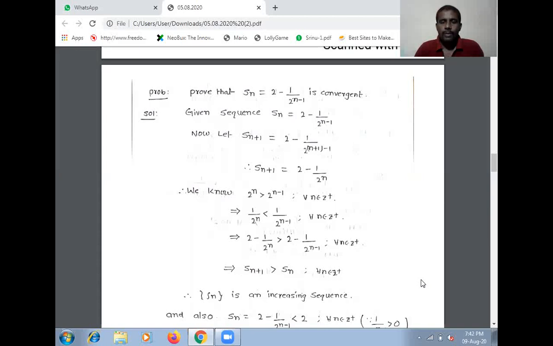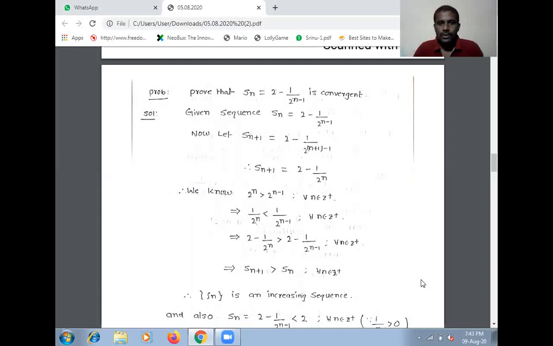So if we show the given sequence is increasing or decreasing, it is a monotone sequence. So from the monotone sequence convergence theorem, it is a convergent sequence.